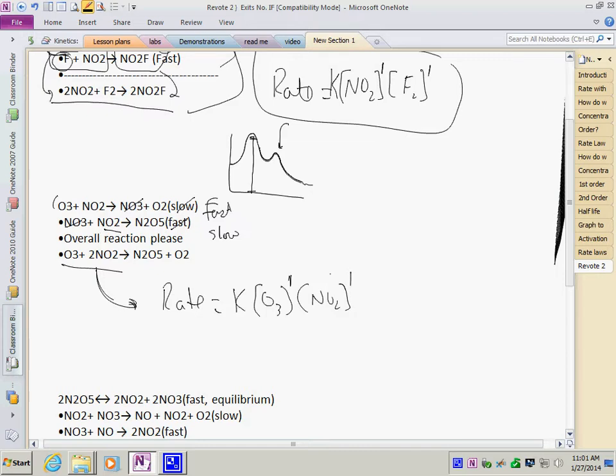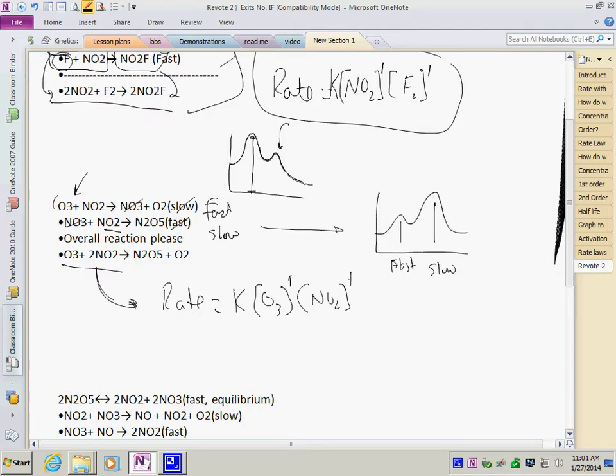Now keep in mind, if I increase the concentration of the O3, that picks up the rate of this chemical reaction. And this example would look like this. Where the first step is fast, and this one is a little bit slower.